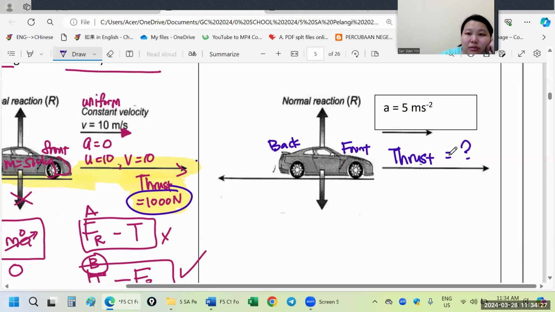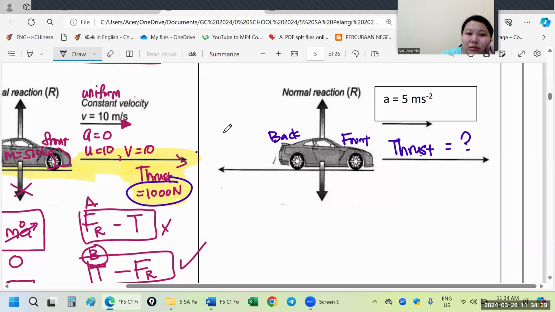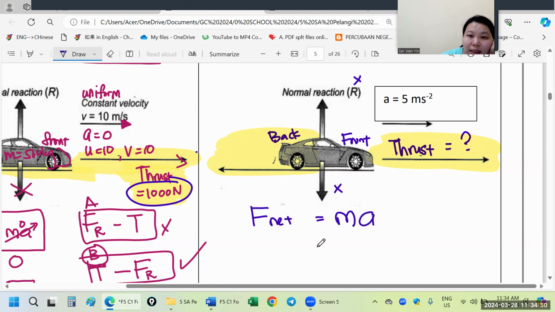Actually they want thrust, so we just look at friction. Up and down we ignore. Normally ignore means they balance lah. They won't go up, they won't go down. Okay, same thing lah.